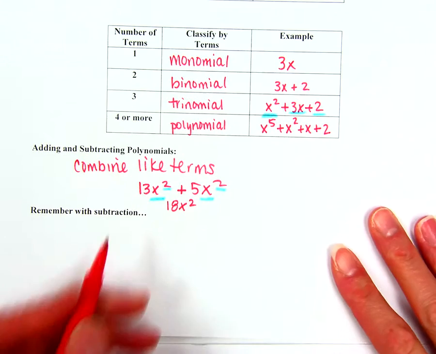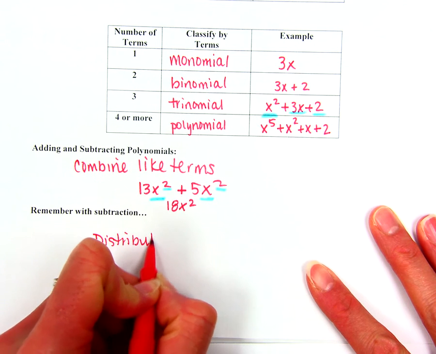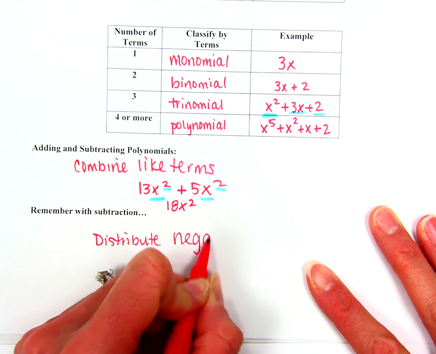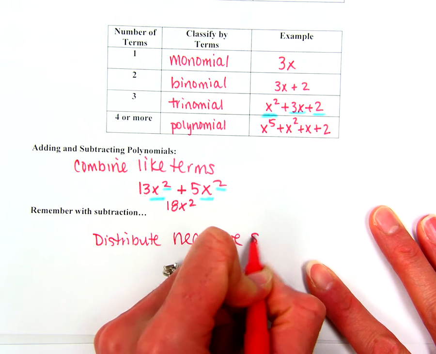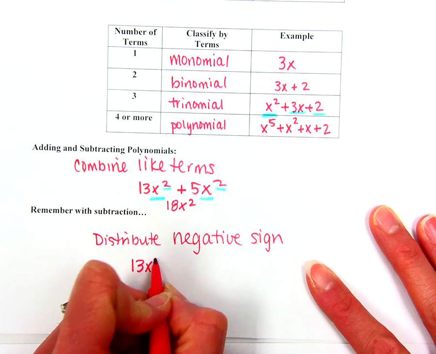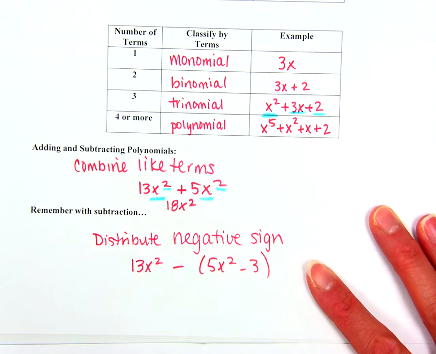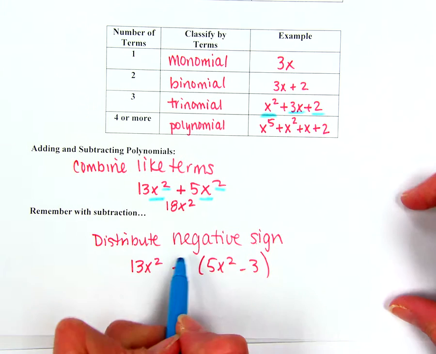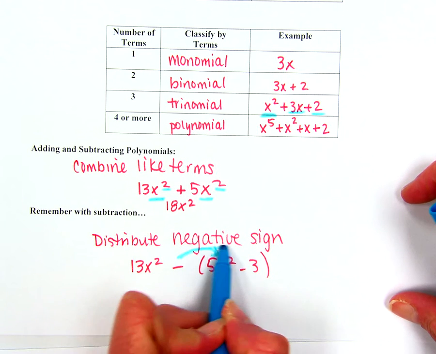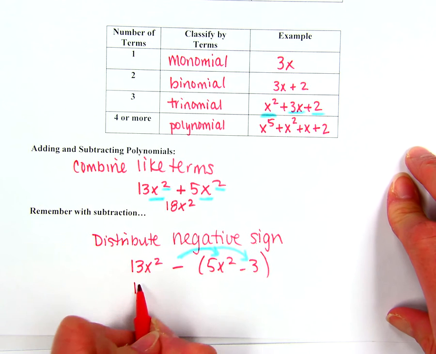All right, when you are subtracting, make sure that you distribute the negative sign. All right, so for example, if you had 13x squared minus the quantity 5x squared minus 3, you would need to distribute this negative to the 5x squared and the negative 3, and then you can add your like terms together.